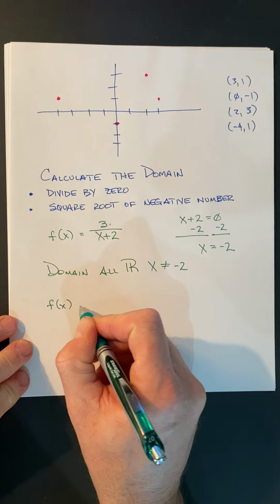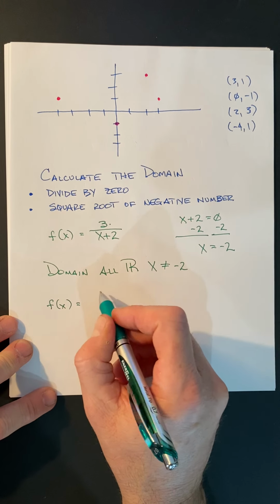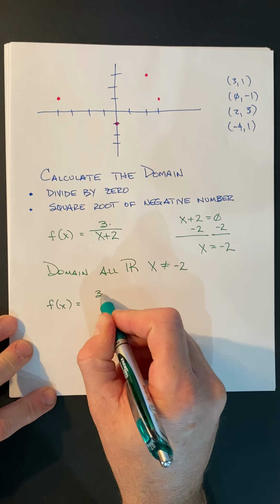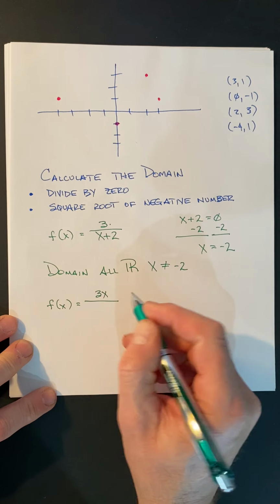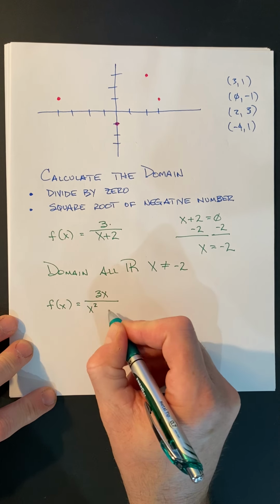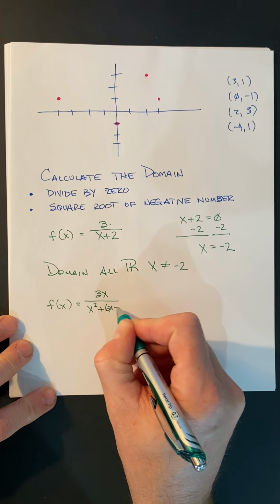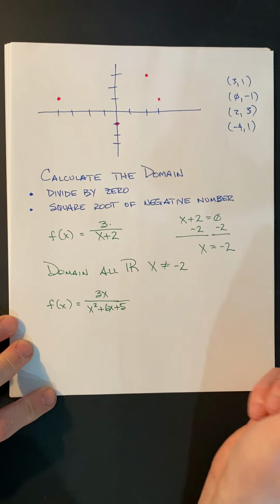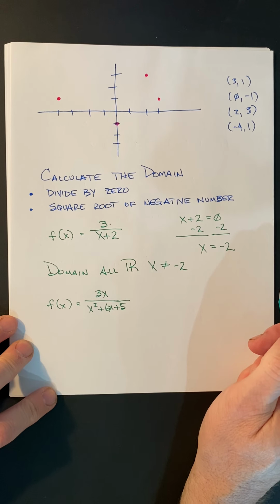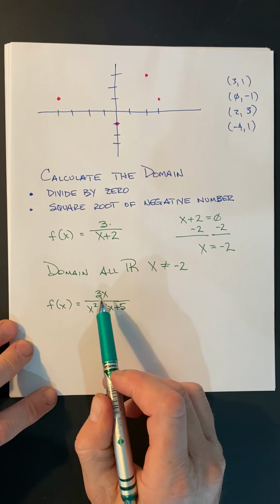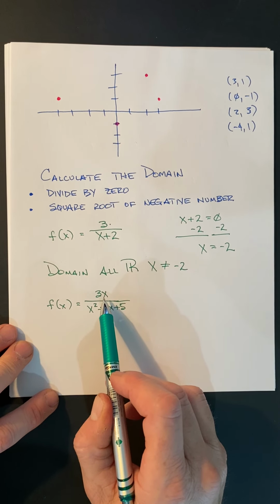f of x is equal to 3x over x squared plus 6x plus 5, okay? Now, it's okay for a value to exist in the numerator.